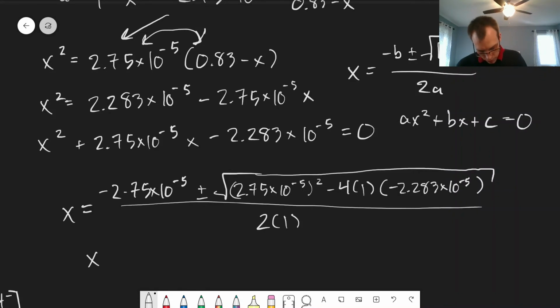Okay, and so if we go through that, we'll get two roots. One of them will be negative. We ignore the negative one. We get a final value of 4.76 times 10 to the minus 3.